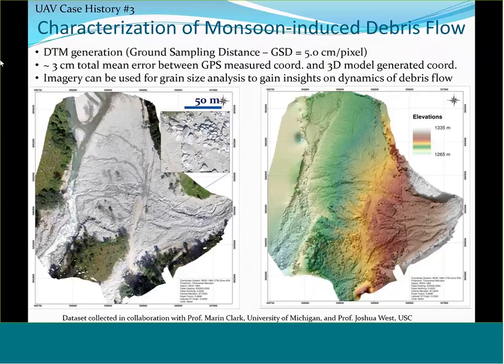And again, there is a digital terrain model to the left, and once you have that, you can create contours, measure elevations. But what I think is also exciting from a geotechnical perspective, and we're still not taking full advantage of that, is that you do have high-quality imagery.